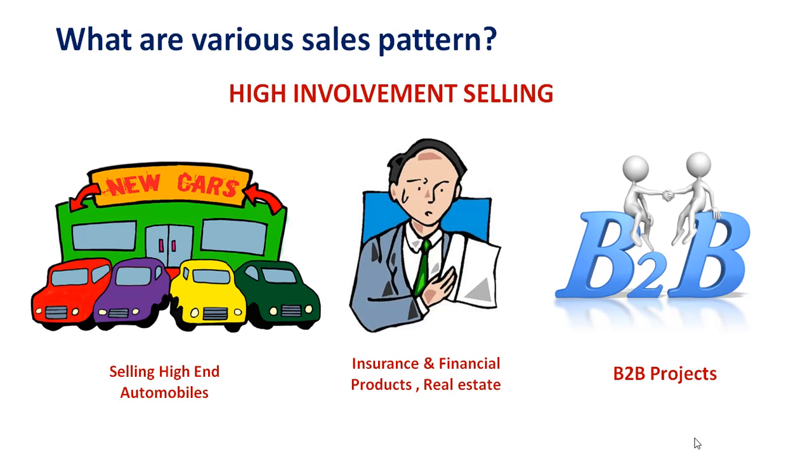I have studied various organizations, what strategic techniques they are adopting to achieve a very effective high involvement selling pattern, and I have made a summary of them. So what are the common practices many organizations are following which can lead to excellence? I'll explain some of these common but very effective practices.